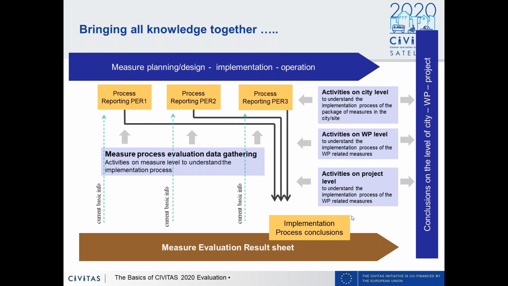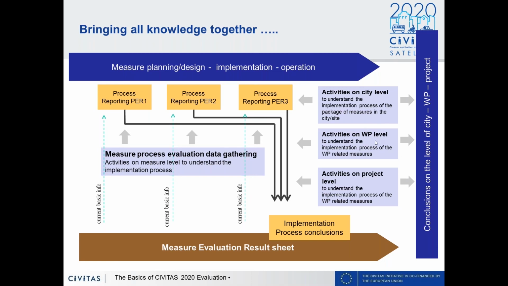But an important third level is that in many cases, you also try to understand on a more general level what's happening in the city, taking into account the 1, 2, or 3 measures you have there. You try to understand what's happening in the different working fields you defined. I indicated work package level here, but this can mean a lot.